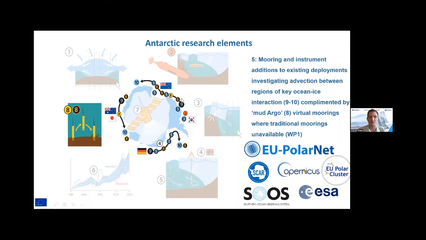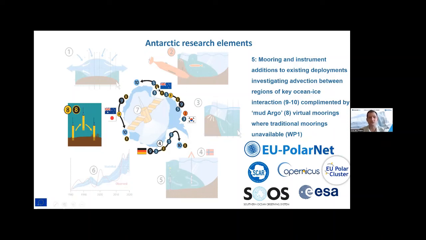One particularly infamous area is here, where in the Amundsen-Bellingshausen Sea, increased melt from the ice sheet is modifying the water that moves around the coastal current and ultimately ends up in the Ross Sea, which has been associated with a reduction in salinity, a reduction in density, and a consequent reduction in Antarctic bottom water formation.